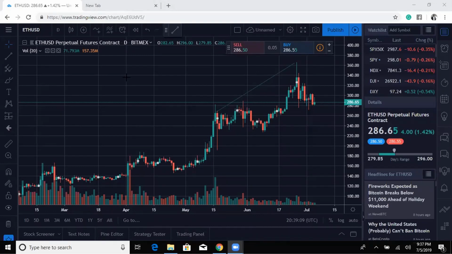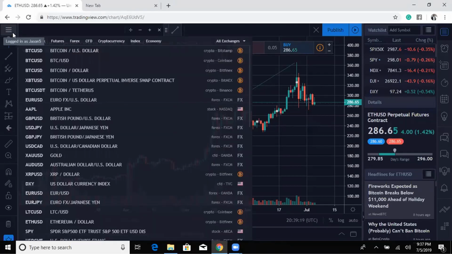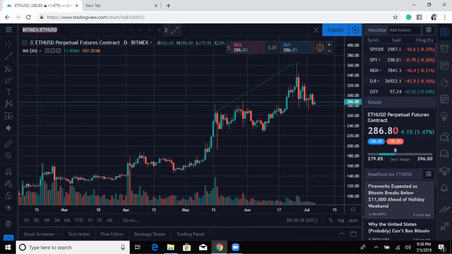Very good. So another part we want to look at real quickly is, let me just start from the beginning. Now you will see many different things here, but what you want to quickly look at is, for now we're talking about Ethereum, we're talking about Bitcoin. So if you want to select Bitcoin, just go to where you have your symbols, and let me just delete that.